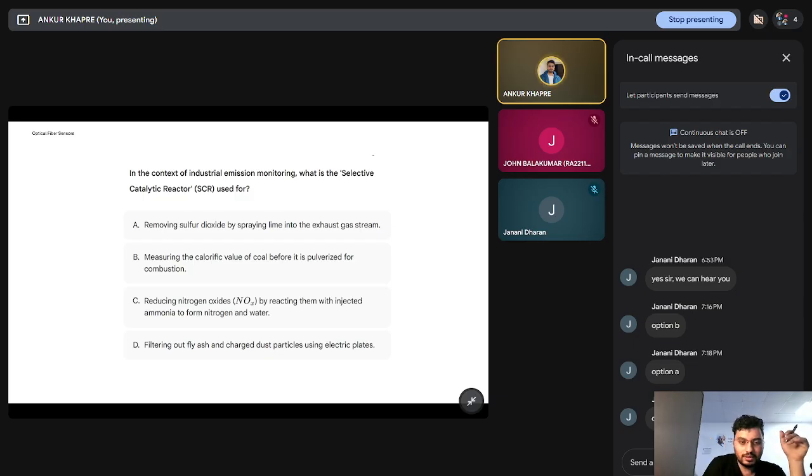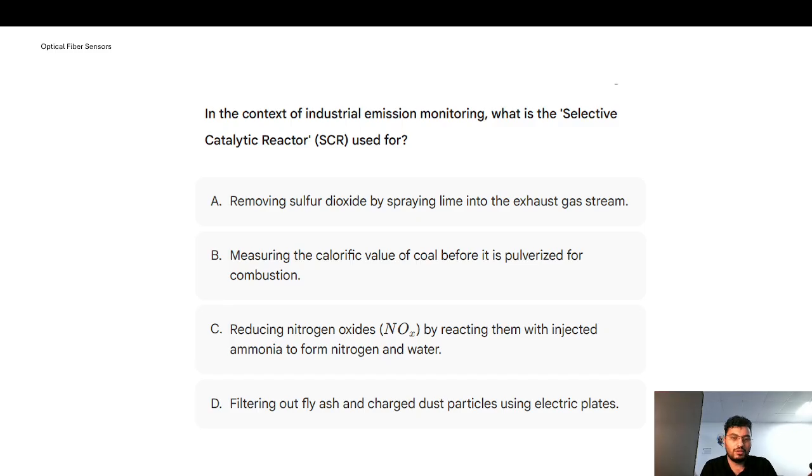Have you read about this one? SCR, selective catalytic reactor. It's not an optics related thing, but it helps to understand what is happening in the chamber, why we need to maintain the ammonia concentration, and monitor the nitrogen oxides concentration. So this option is correct.